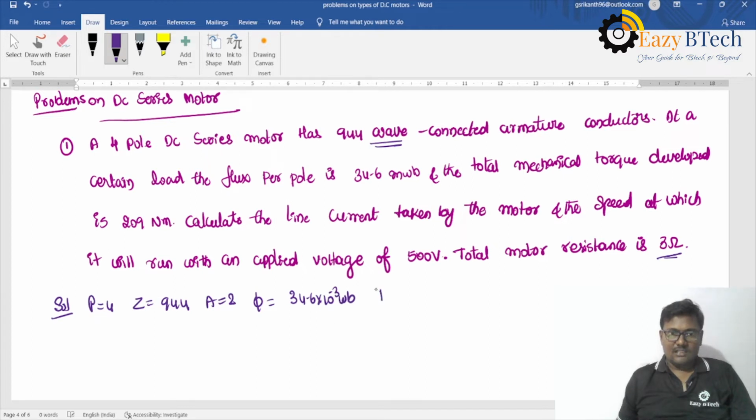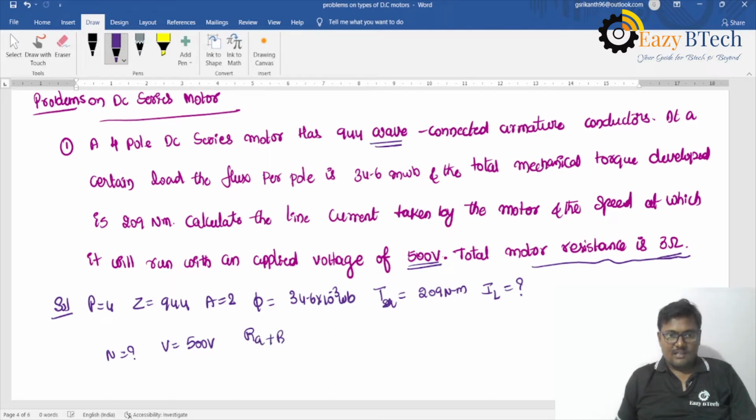The total mechanical torque developed is 209 Newton meter. Line current and speed are to be found. The applied voltage is 500, and the total motor resistance is Ra plus Rse equal to 3 ohms.